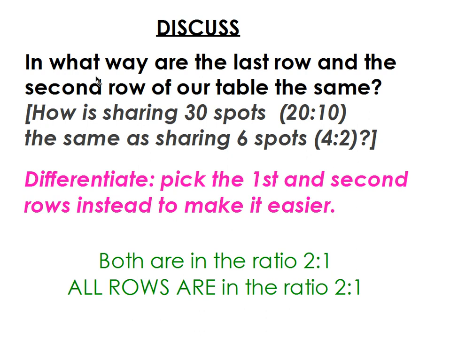The question I would ask is, in what way are the last row and the second row the same? So how is sharing 30 spots the same as sharing 6 spots? We're aiming for them to come up with that both are in the same ratio. They probably won't use the word ratio because you haven't introduced that yet. But they'll probably say they're both getting 2 for this person, 1 for this person. If they don't come up with it with those 2 rows, pick 2 different rows.